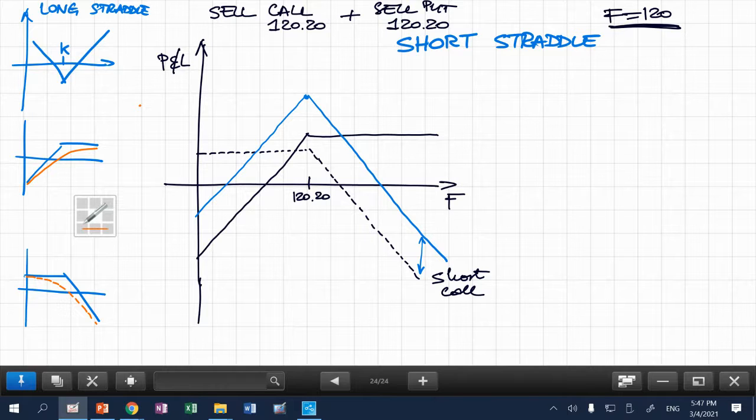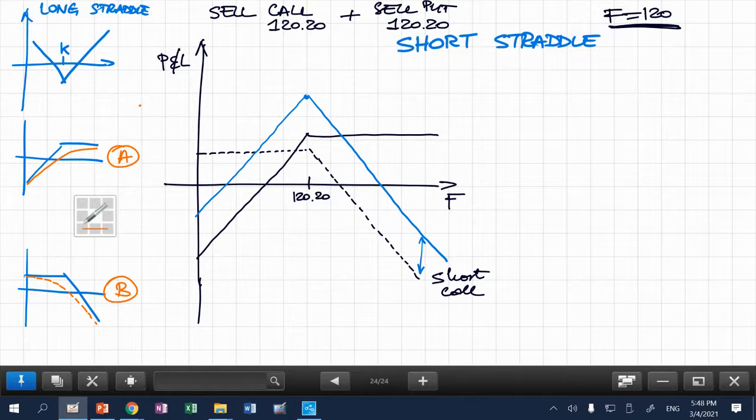Is that okay? First and quick intuitions, when you look at these two, are they both convex, both concave, one convex and one concave? They are clearly both concave, okay? So they are both gamma negative positions, and if you add them up, we are going to have a strongly gamma negative position, clearly.